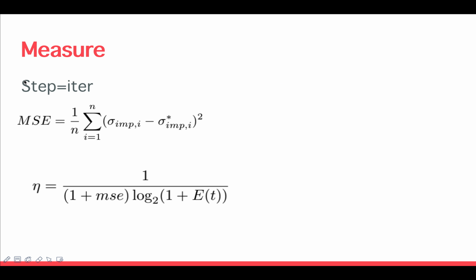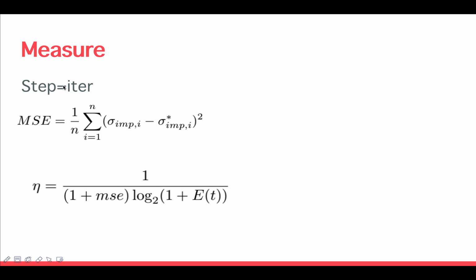And then after we find the root, we will use these three measures to evaluate whether the result is good or bad. The first is how many steps this method uses to find the result.